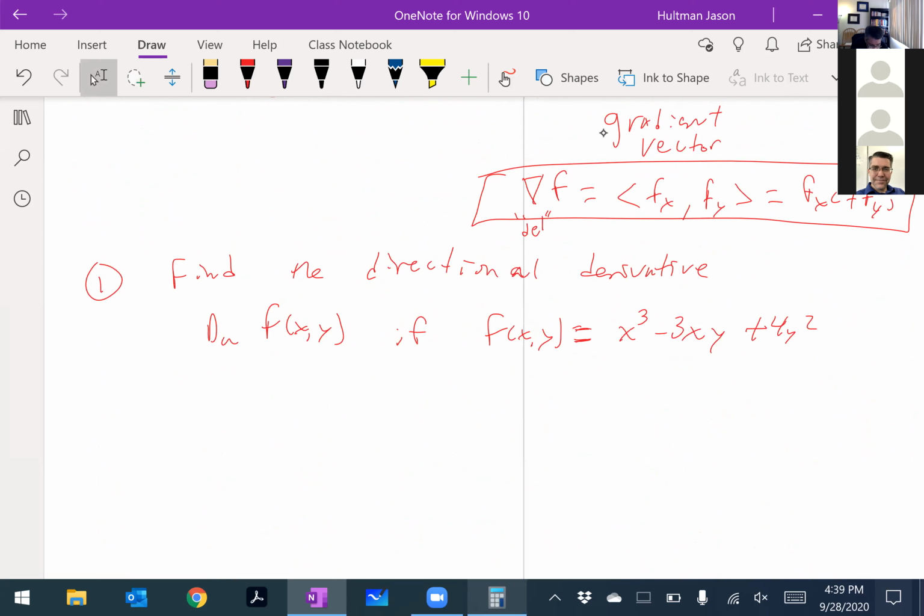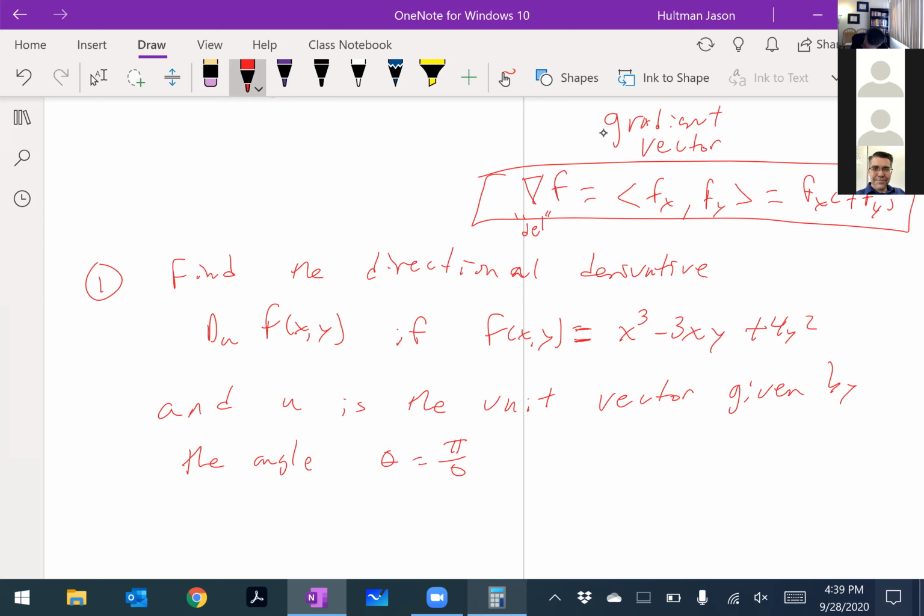Here's u. It's going to tell me what u is. And u is the unit vector given by the angle theta equals pi over 6.